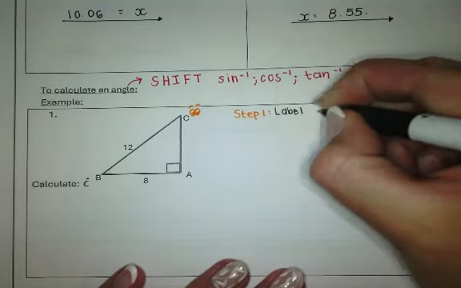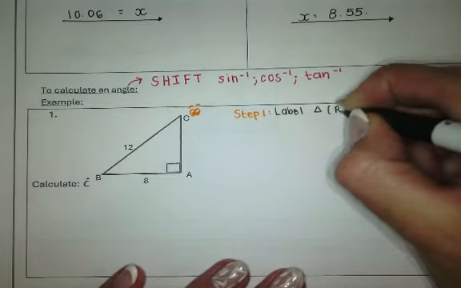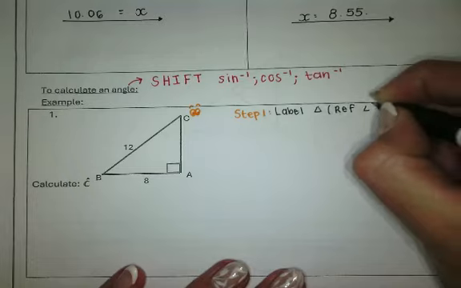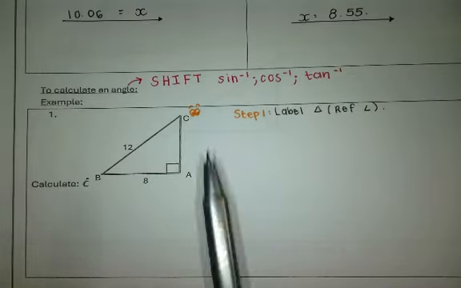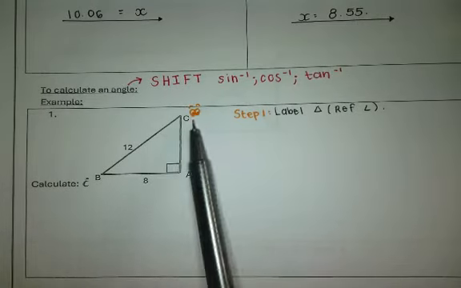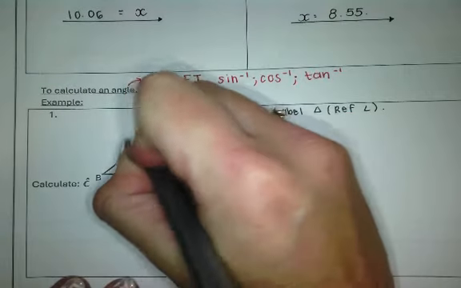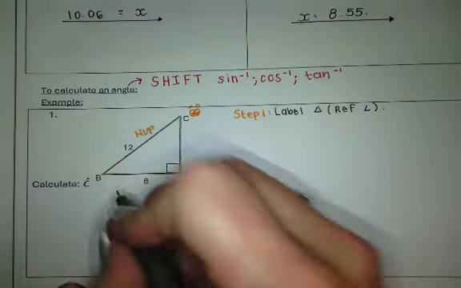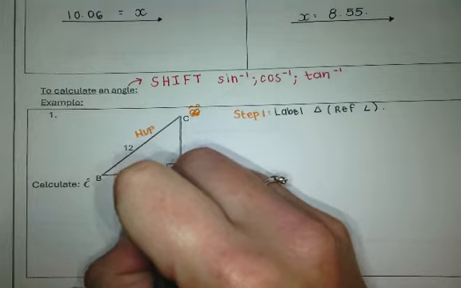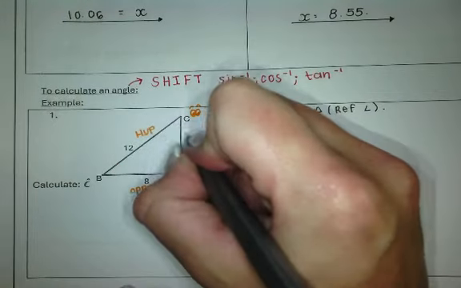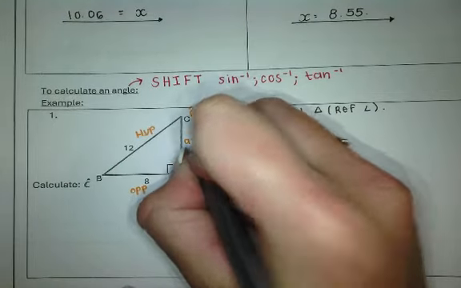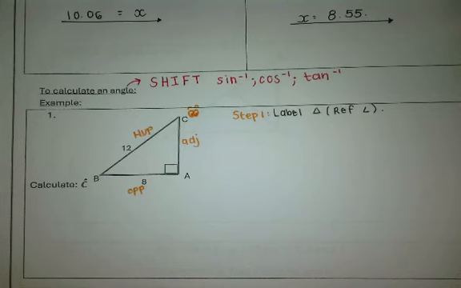Let's label our triangle still, with our reference angle. Looking at our reference angle from here, always label your hypotenuse first. This is going to be your opposite side, and this is going to be your adjacent.